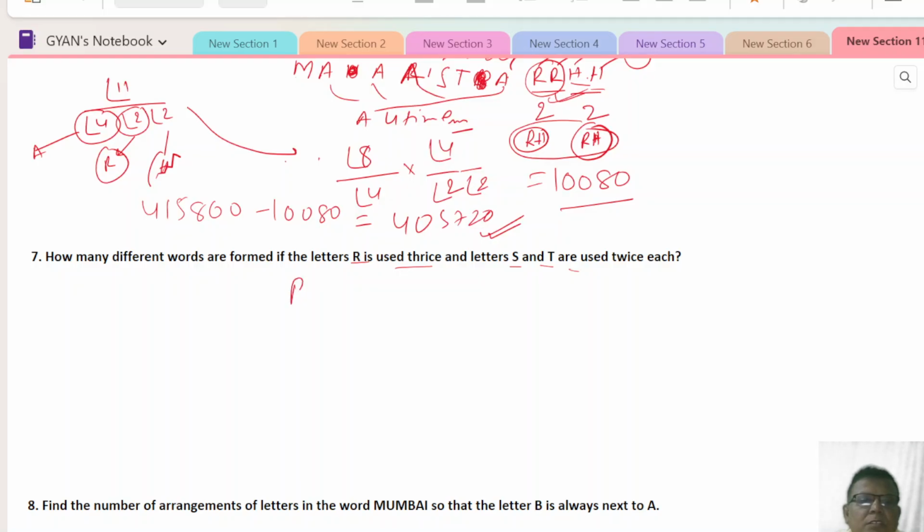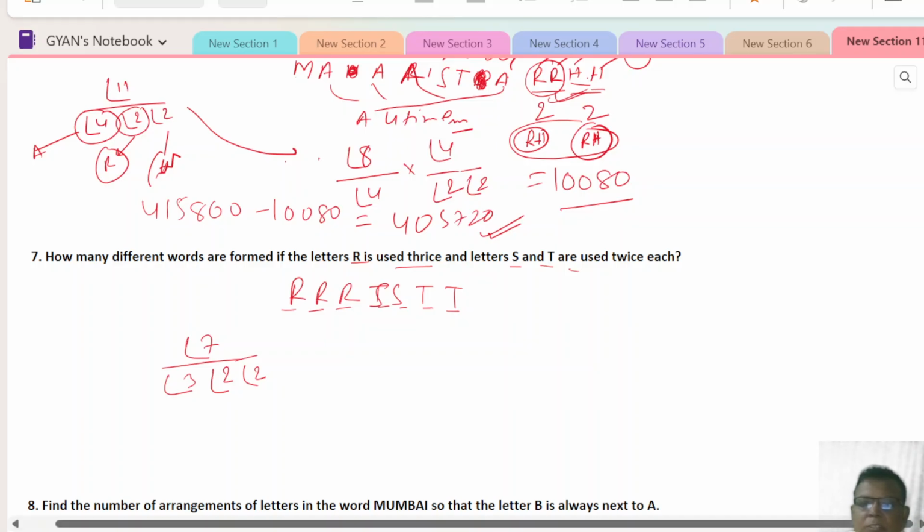R is used thrice, S and T are used twice. So 1, 2, 3, 4, 5, 6, 7. So that is equal to factorial 7 divided by factorial 3 divided by factorial 2 divided by factorial 2. So these many words can be formed.